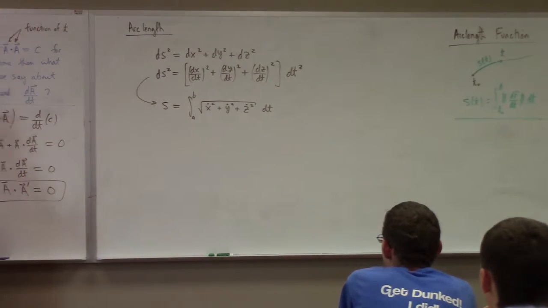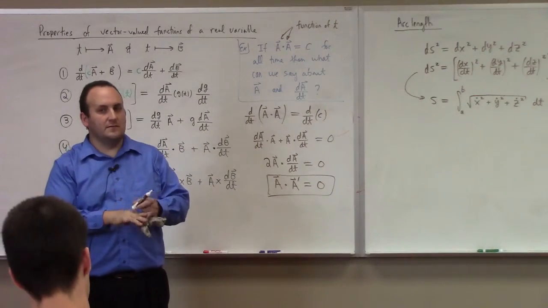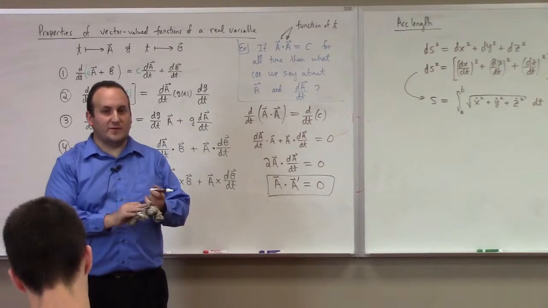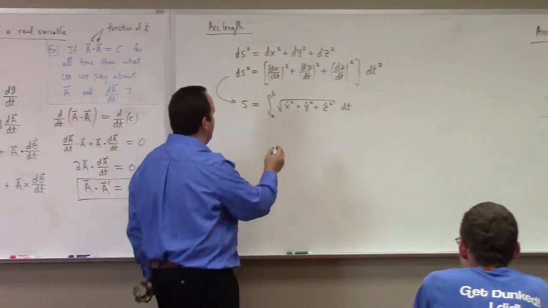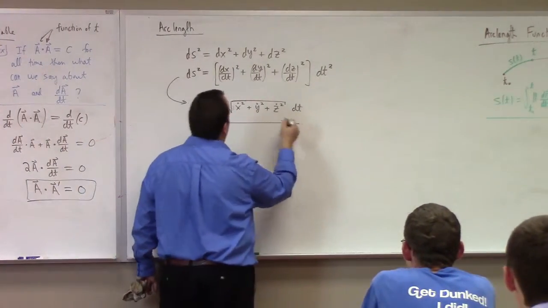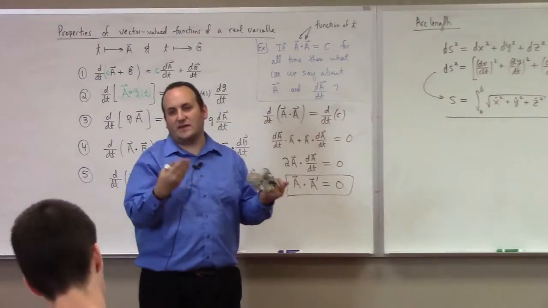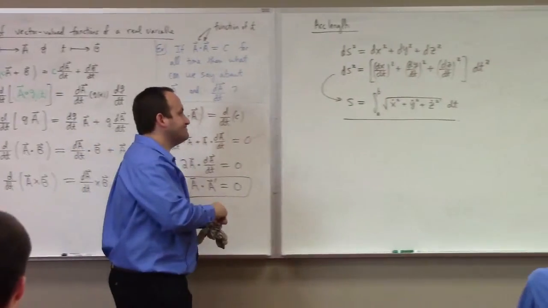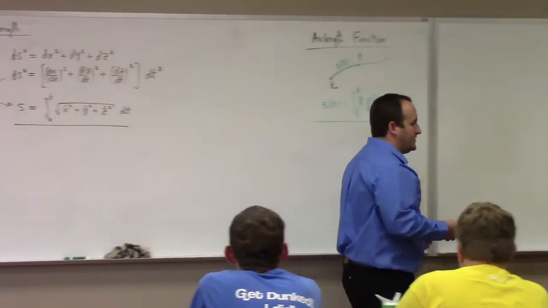Yeah, that's the dot, x dot is the x velocity, y dot is the y velocity, z dot, z velocity. This notation is from Newton. You don't see it too much, but there it is. Obviously that's not a derivation of the formula, but it is a nice way to remember it if you forget. All right, so what are the properties of the arc length function?